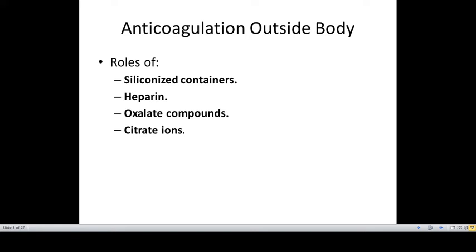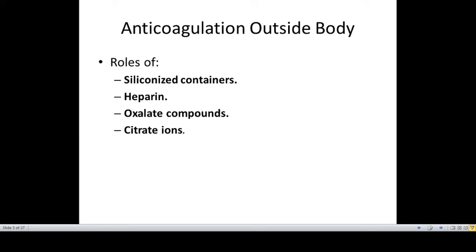Anticoagulation outside the body means to keep the blood in the fluid state for various tests or for blood transfusion. The different methods employed for this purpose include the use of, number 1, the siliconized containers.